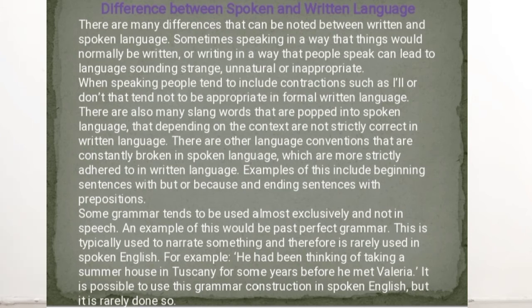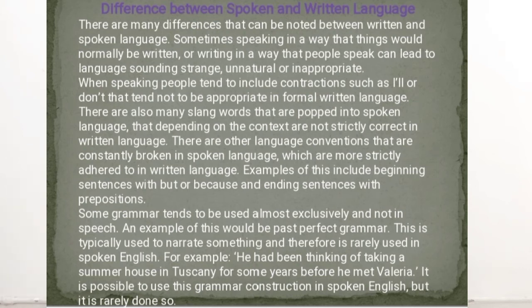There are other language conventions that are constantly broken in spoken language, which are more strictly adhered to in written language. Examples of this include beginning sentences with but or because and ending sentences with prepositions.